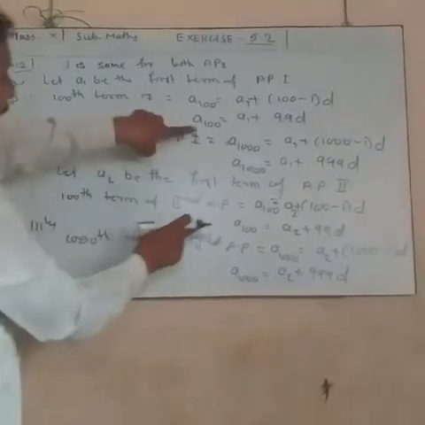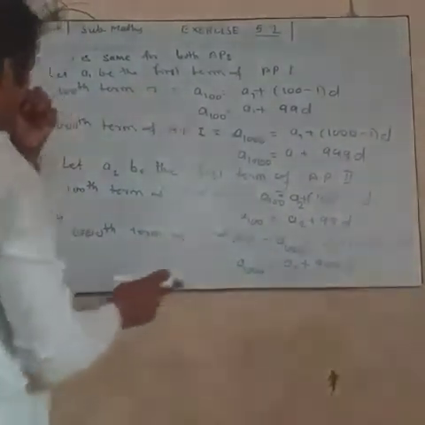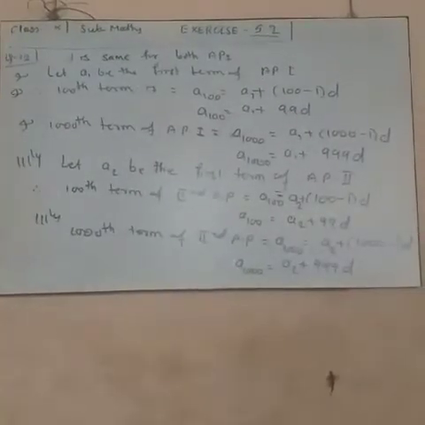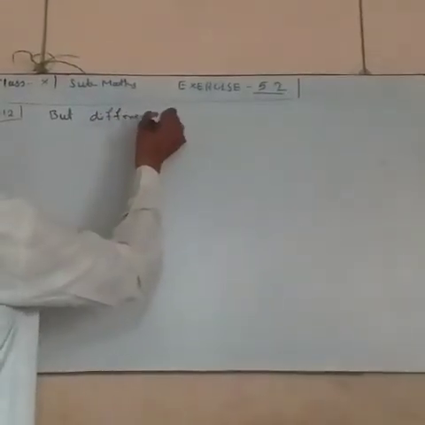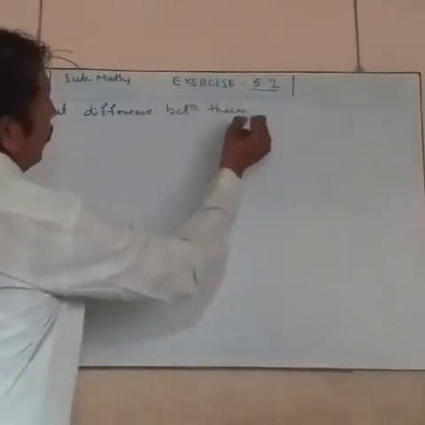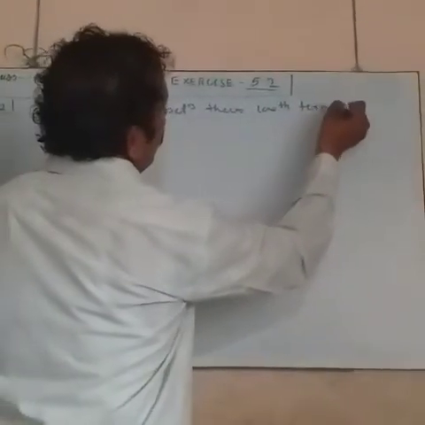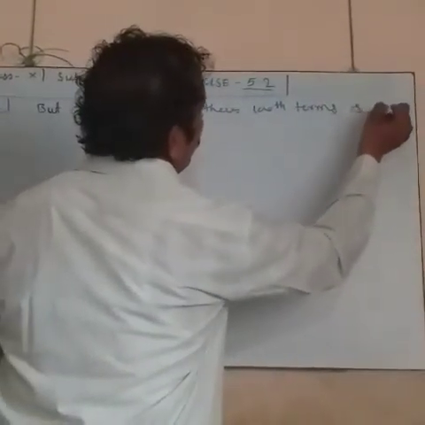Now we are given the difference between the 100th terms of both the APs. Therefore, the difference between their 100th terms is 100.